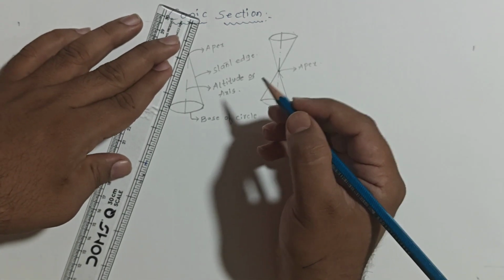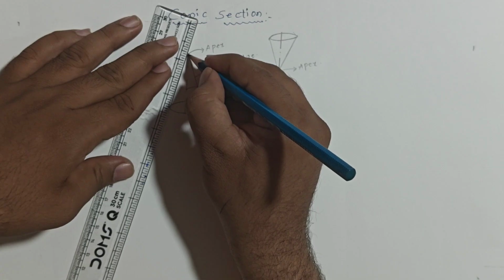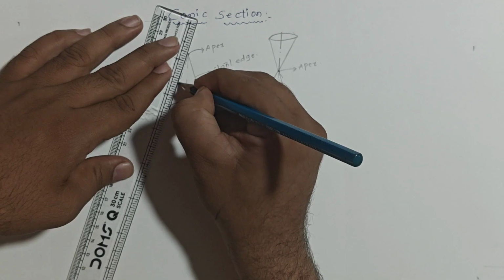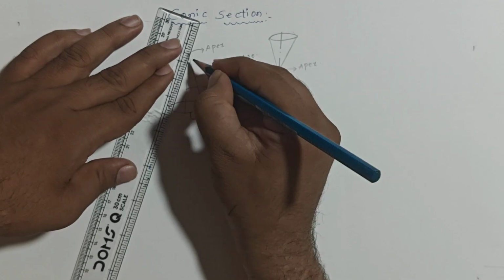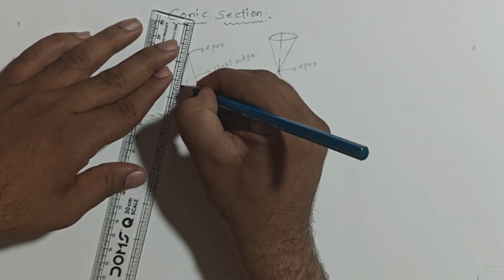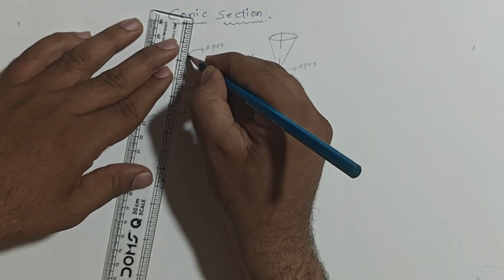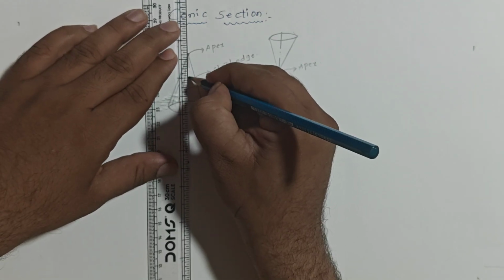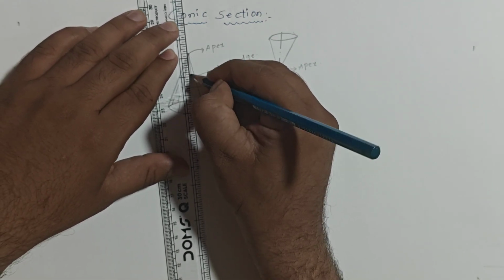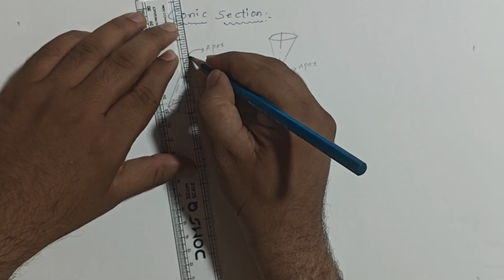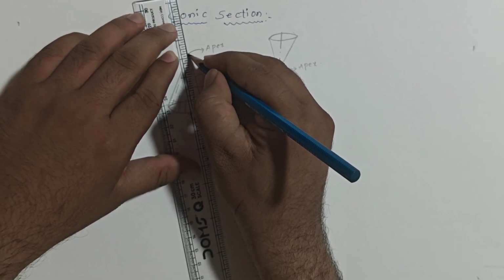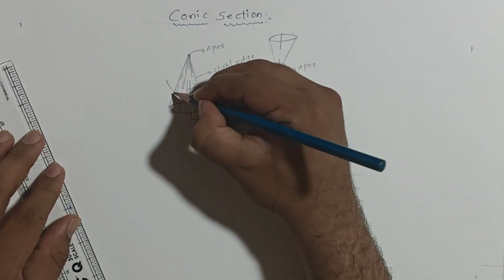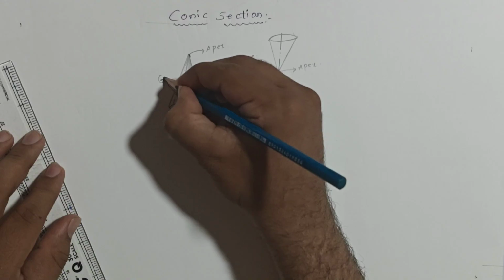All the inside lines of a cone are called generator lines. Clear? All these inside lines are called generator lines.